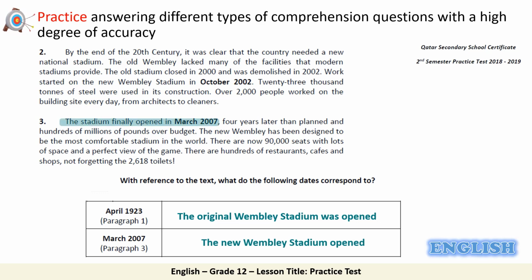And you see the justification here, you can find it in paragraph 2 and 3. In paragraph 2, it is mentioned the works which start on the new Wembley Stadium in October 2002. And in the third paragraph, the stadium finally opened in March 2007, which is Wembley Stadium.